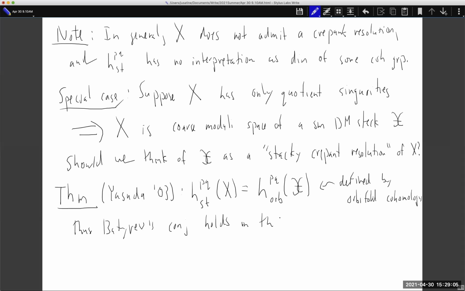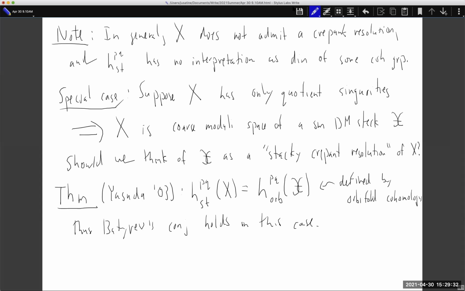I think of this as the gold standard for an answer to this question, where you have your singular variety, and you want to show that the stringy Hodge numbers are non-negative. But even better than that, you give this really beautiful interpretation in terms of some cohomology theory.